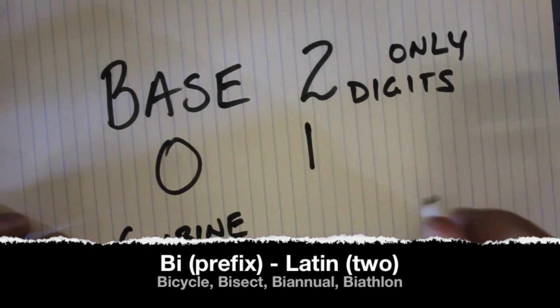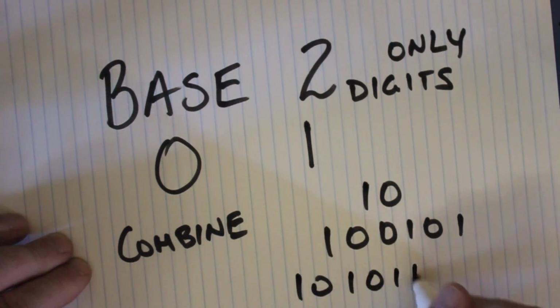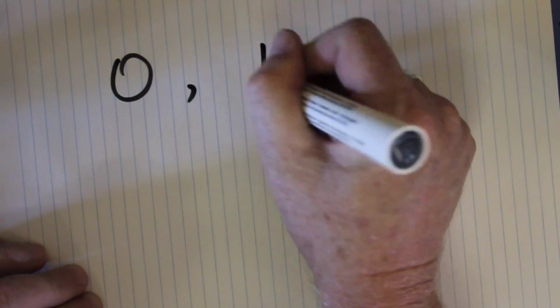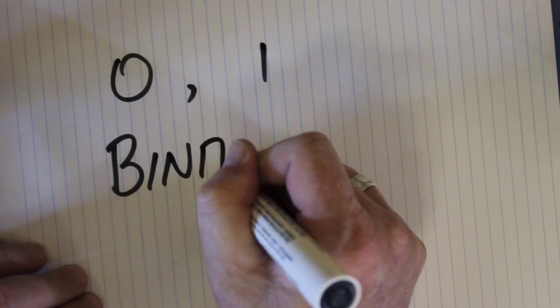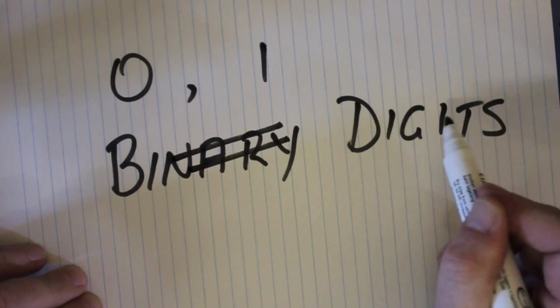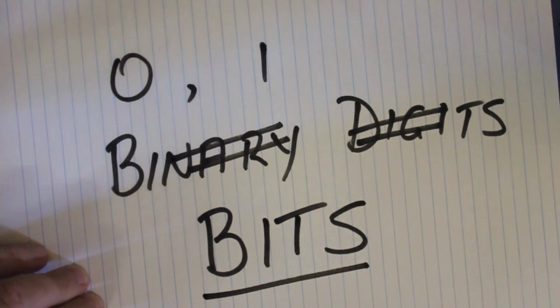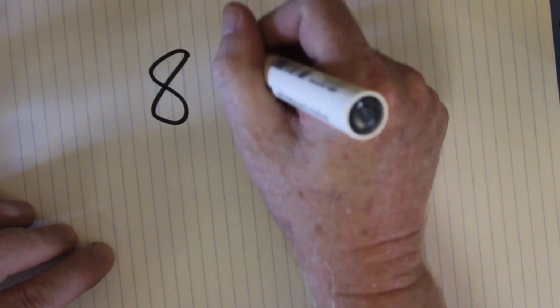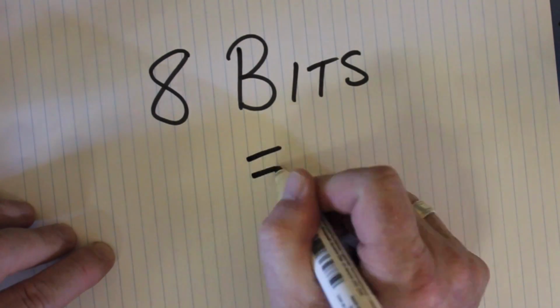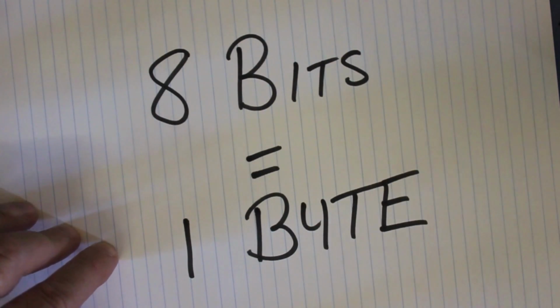Once we get past 1, we combine the digits together to form more complex numbers, following the same rules we used for decimal counting. The digits 0 to 1 are called binary digits, and when we combine those words, we get the word bit. One bit of data is simply a 1 or a 0. When we put together 8 bits of data, this forms 1 byte. So 8 bits, 1 byte.